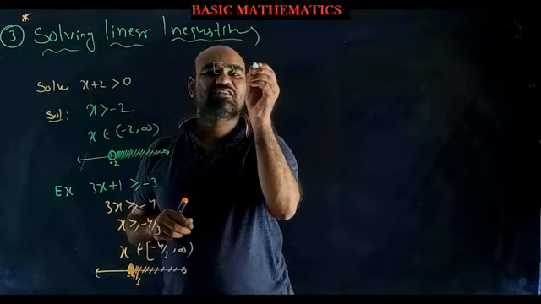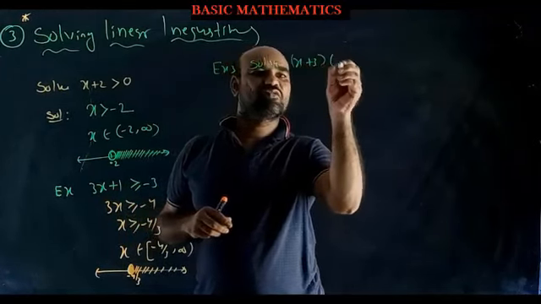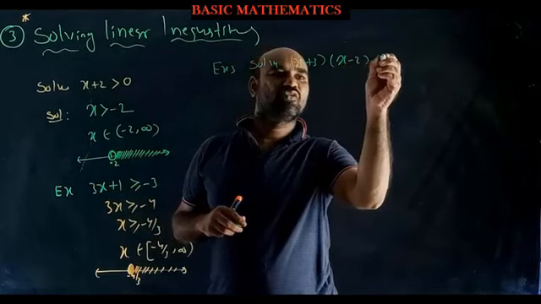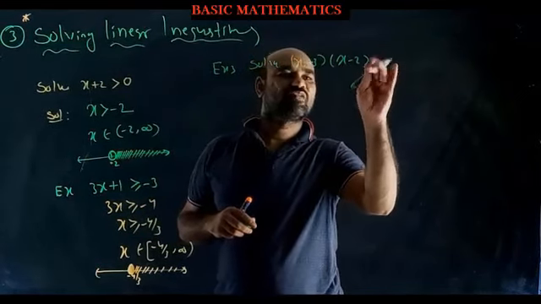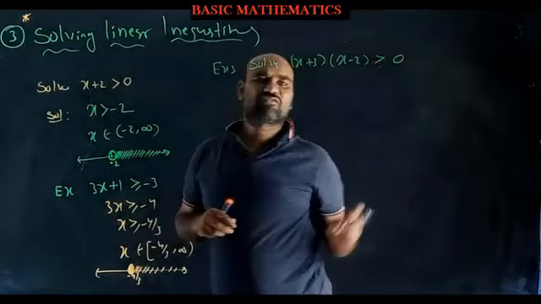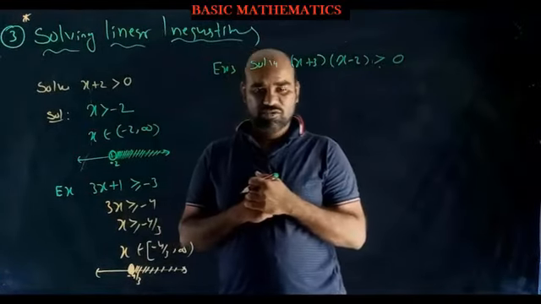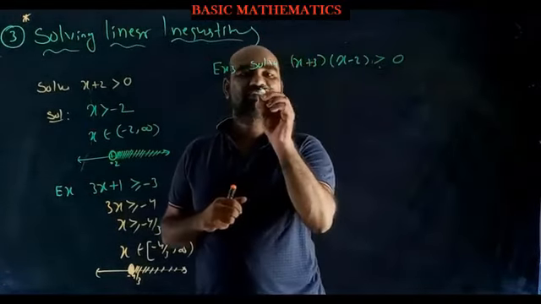Now somewhat difficult one. Example 3. Solve x plus 3 into x minus 2 greater than or equal to 0, or greater than 0. First of all, x plus 3 into x minus 2 greater than 0. This is an interesting problem. Observe here.